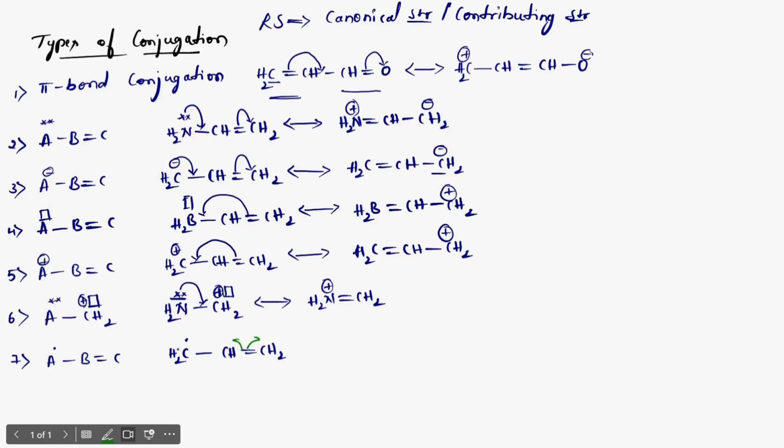So this single electron combines with the electron produced from the homolytic fission and gives this structure, that is CH2 double bond CH single bond CH2 free radical. This is all about types of conjugation.